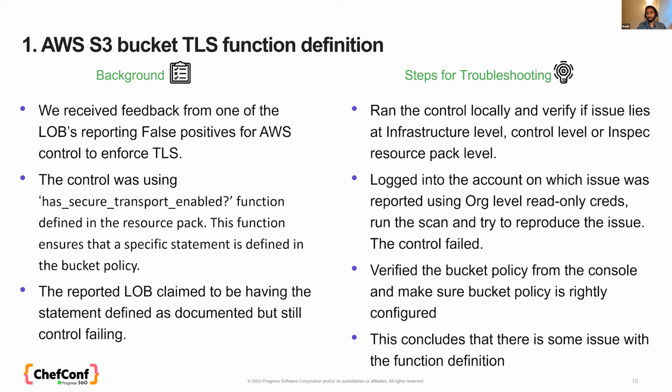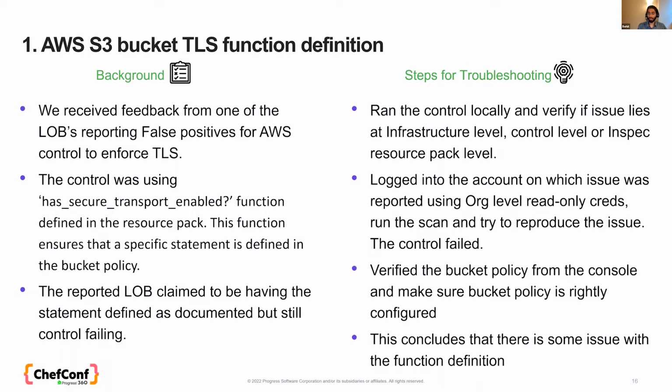The second step, after making sure that the control was working fine locally, was that we logged into the account on which the issue was reported. We typically use org level read-only creds and the assume role function to log into each account in an organization and run the scan. We ran the control and tried to reproduce the issue there. And yes, the control was failing.